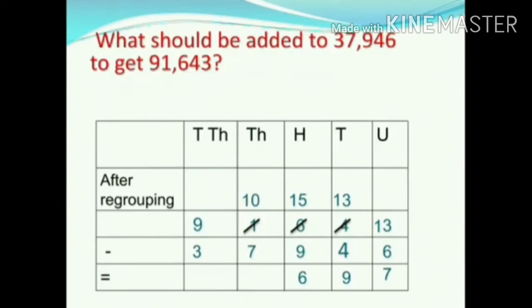After borrowing 1 ten-thousand to thousands place, ten-thousands place is left with 8 ten-thousands. Now subtract thousands place digits, they are 10 minus 7 equal to 3. Write 3 in thousands place. Now subtract ten-thousands place digits, they are 8 and 3. 8 minus 3 is equal to 5. So we will write 5 in ten-thousands place.